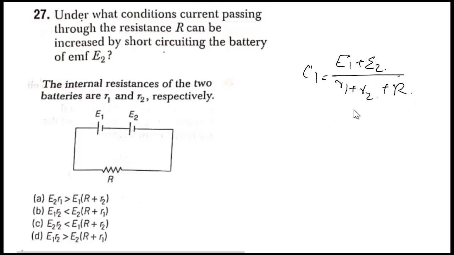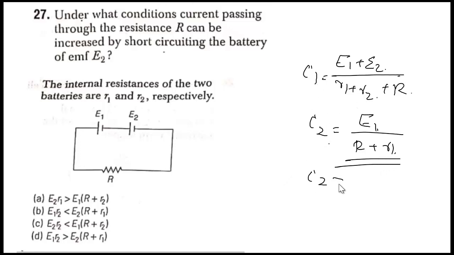Then in the second case, what will be the current I2 in the second circuit? I2 will be equal to E1 divided by capital R plus R1. Right, this is the I2 value. So when we are comparing I1 and I2, which will be greater? I2 will be greater than I1.